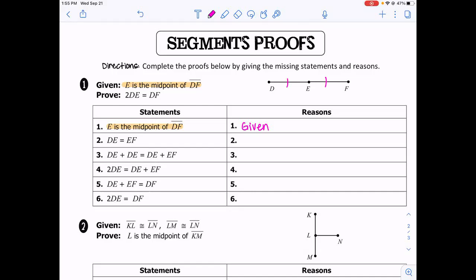Definition of midpoint. Because E is the midpoint of DF, we can write that DE equals EF. That's the definition of a midpoint. Would it be like simplifying those numbers? We're not worrying about numbers right now. Okay.